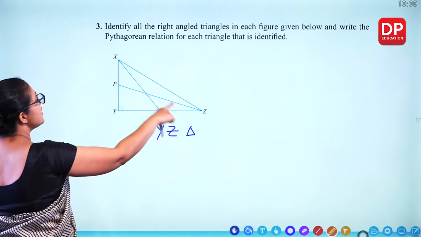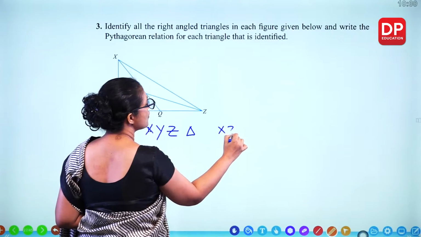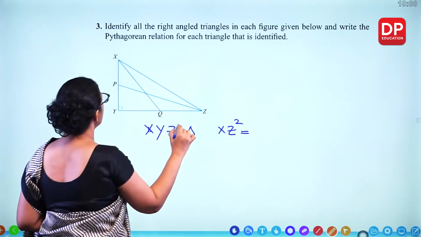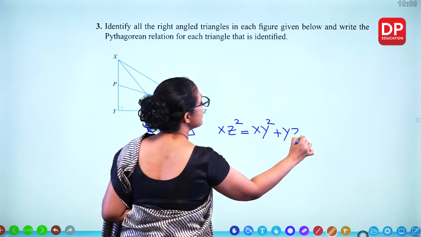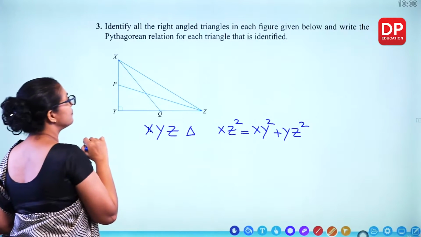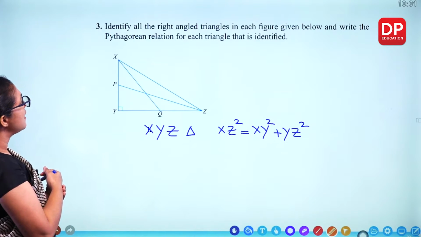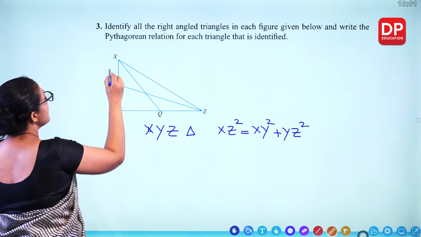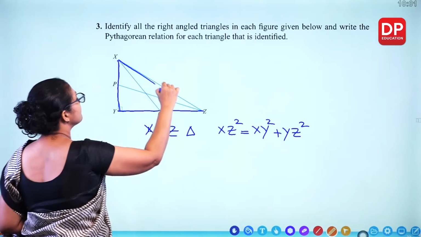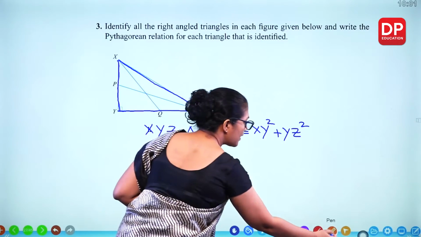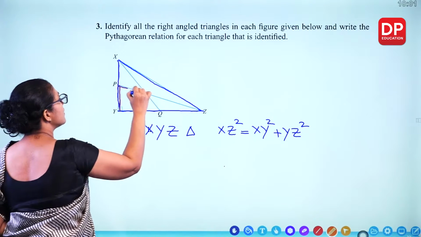So XYZ triangle, XZ is the hypotenuse. So XZ squared is equal to XY squared plus YZ squared. That's the big triangle. Then we can take this triangle.